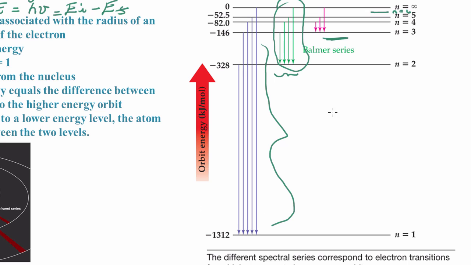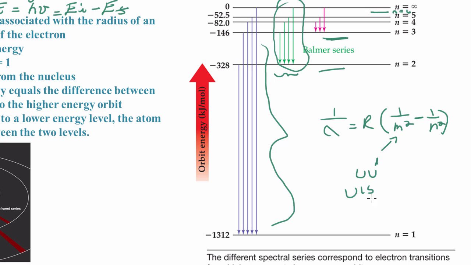So we have 1 over the wavelength is R, and it's going to be 1 over m squared minus 1 over n squared. So for emission in the ultraviolet region, m would correspond to 1. Obviously for the visible region, m corresponds to 2.